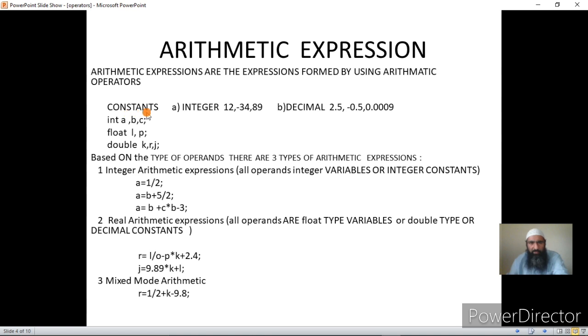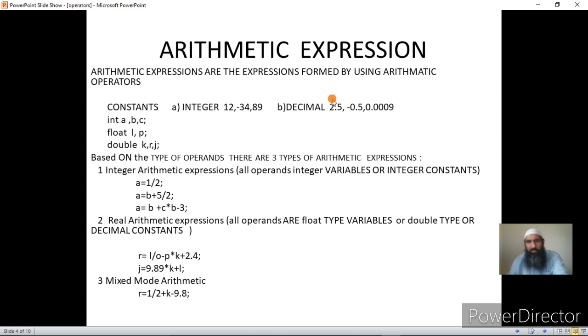Now if I say constants, I have got two types of constants in C. One is the integer constant and one is the decimal constant. Now integer constant can be any number with a positive or negative sign, and decimal constant or a real constant is a constant which has got a decimal point.